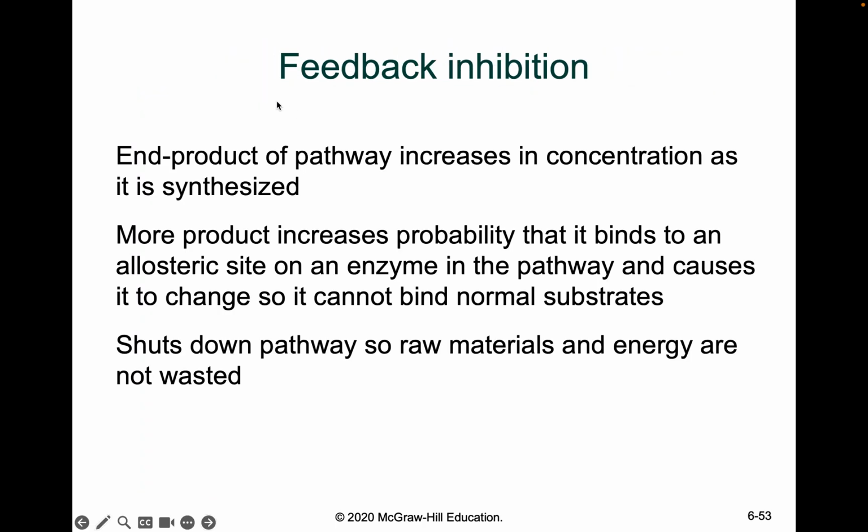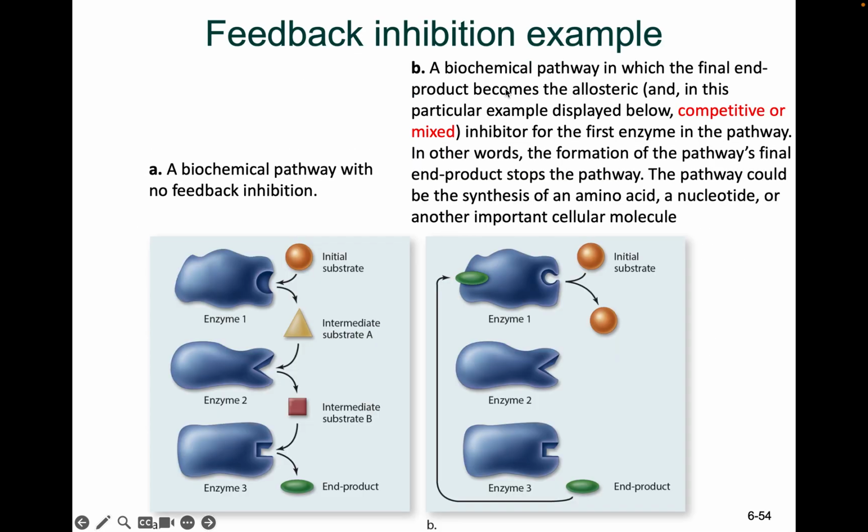One way to control it is by using feedback inhibition, where the end product by itself can be an inhibitor. Let's imagine you have the initial substrate, you're creating it from enzyme 1 to 2 to 3, and you have your end product. This end product can actually be an allosteric inhibitor, so it can be either competitive or mixed, and it can bind here.